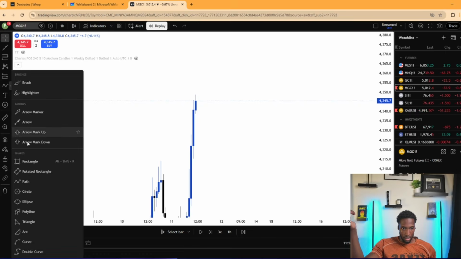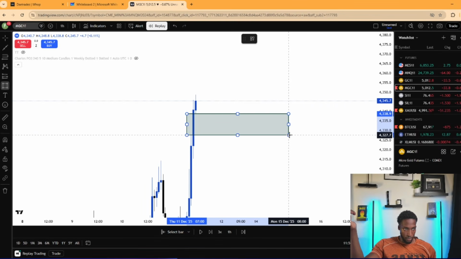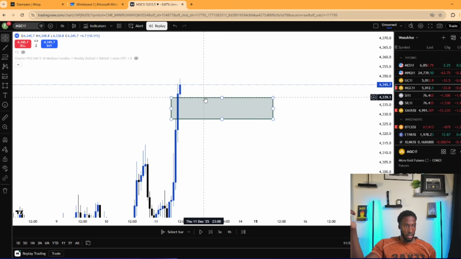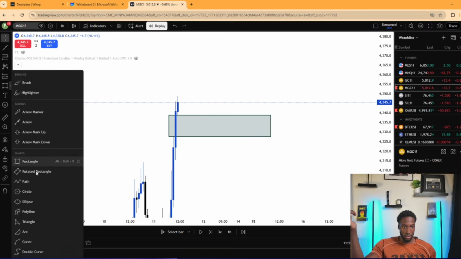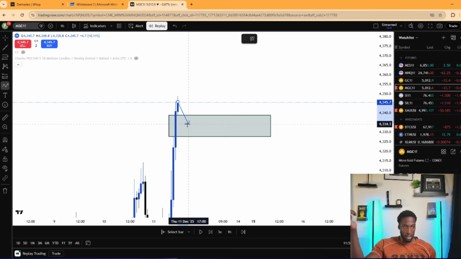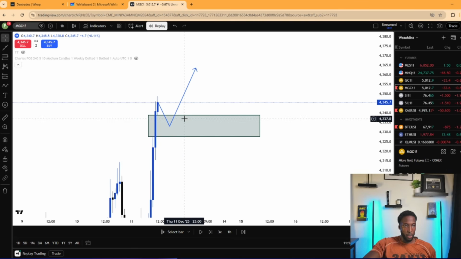This right here is a fair value gap. And what do we expect from this fair value gap? We expect this gap to hold like this and take price higher to give us another break of structure. This is what we know as a bullish fair value gap.